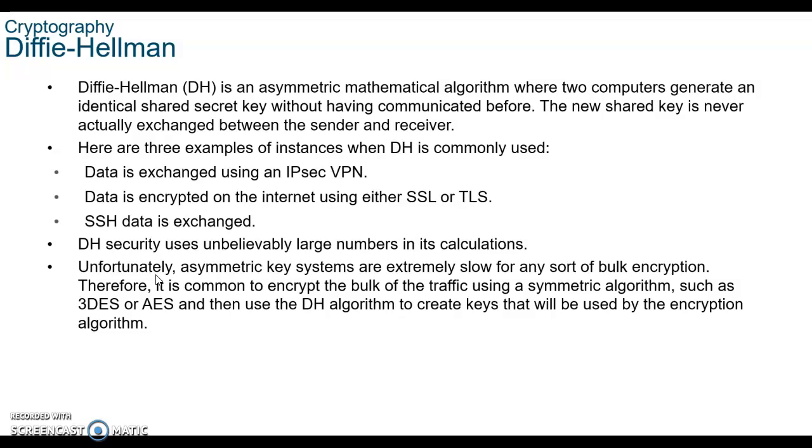Diffie-Hellman is an asymmetrical mathematical algorithm where two computers generate an identical shared secret key. However, they've never communicated before. Again, super resource intensive, so you're not going to see Diffie-Hellman used on very many things. If you have a lot of data, you're going to back down to 3DES or AES.